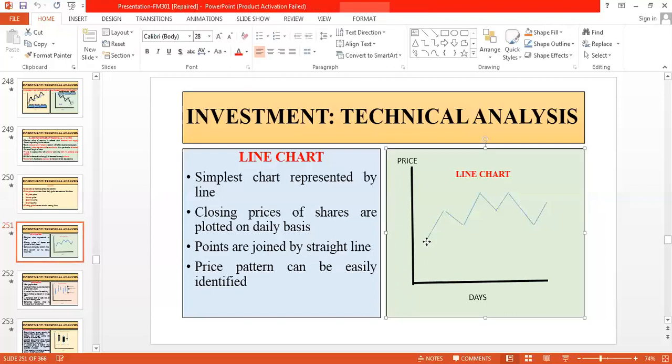So if we consider this point and this point, then it will indicate the change in price from day 1 to day 2. Day 1, this is the price, and day 2, this is the price. So if we consider the two points, definitely in day 2 the price has increased.